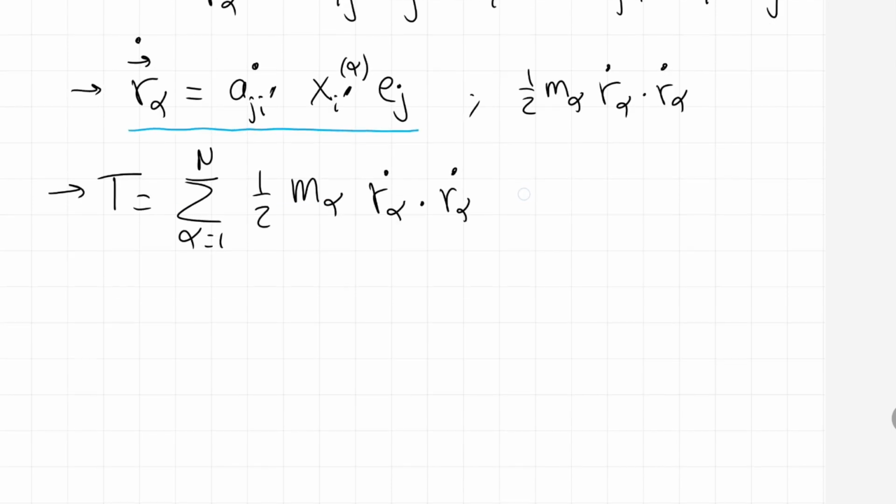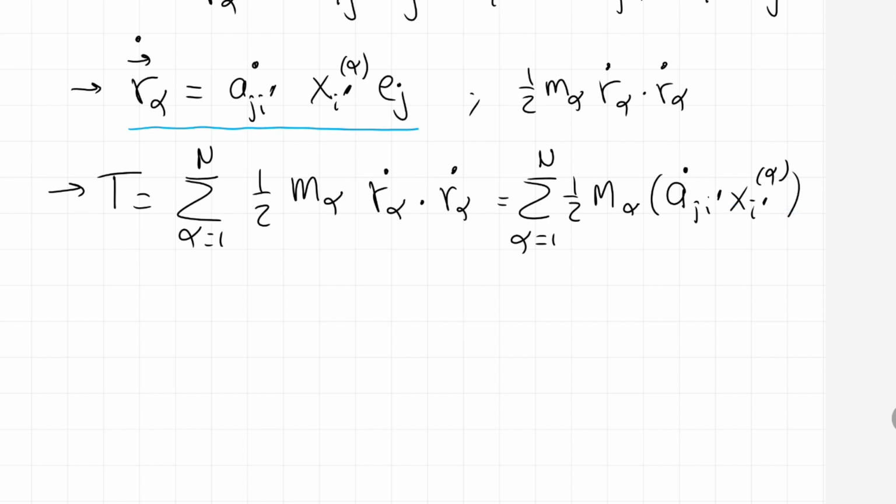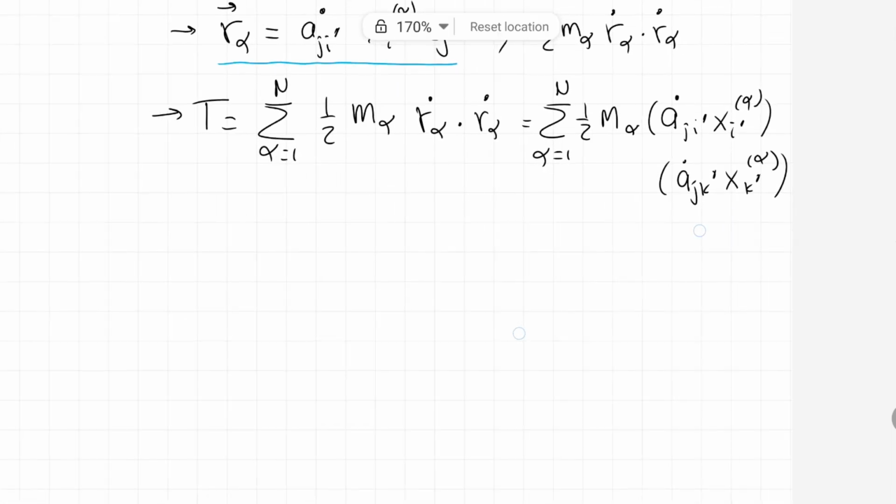Okay, so the point here is that those terms are going to disappear, and this will be equal to the sum from alpha equals 1 up to n of 1/2 m sub alpha times a dot ji prime xi prime alpha times a dot jk prime xk prime alpha. And well, let me write that in a better way.